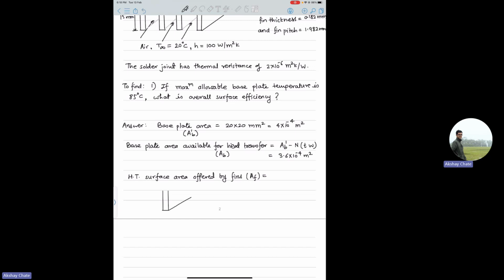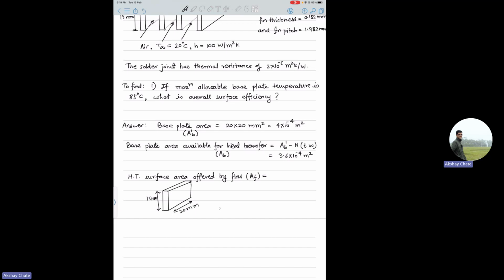So this direction is nothing but this length. Let's say the fins are like this. Okay, so this dimension is 20 mm and this is 15 mm. Correct, no?